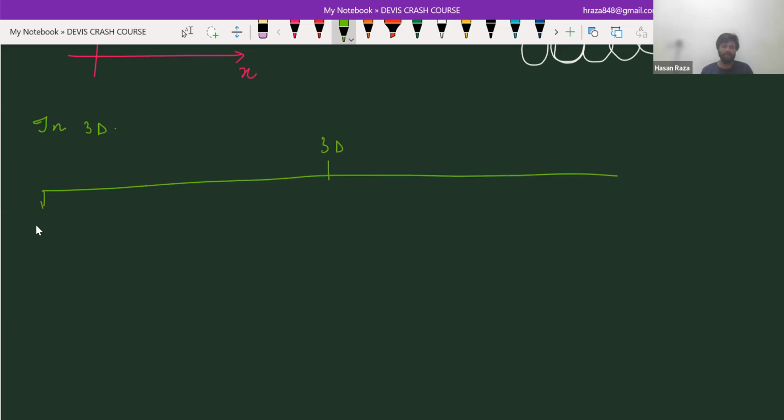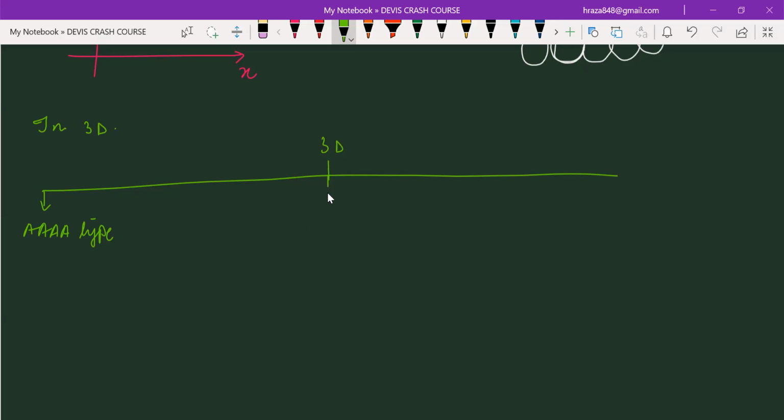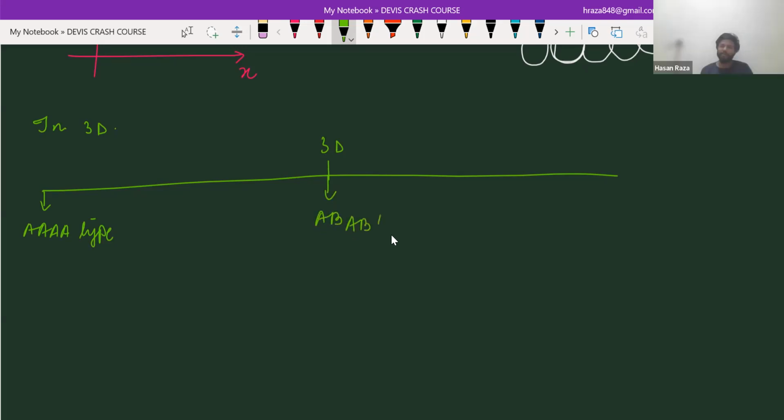The first one is AAA type. The 2D square packing is same as AA type packing. Only the difference is that it is in 3D, that is in 2D. Are you getting my point? And the next is AB type. It is similar to that one.